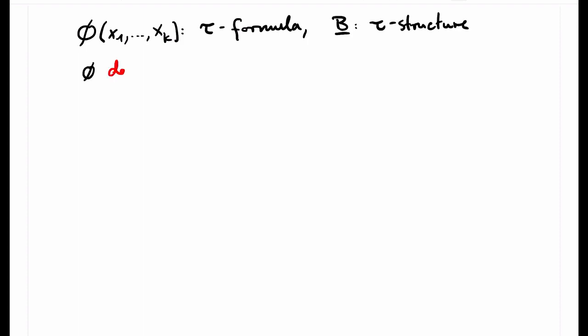If you have a structure, we can use formulas to produce new relations over the structure. Suppose that phi is a tau formula with k free variables and that B is a tau structure.